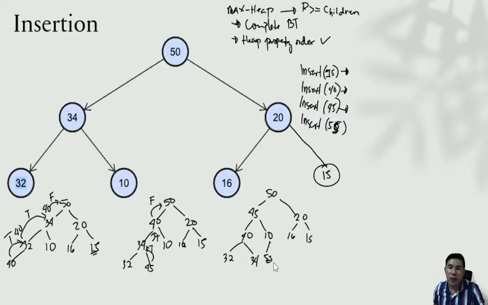What you will do is the percolation process, which is you compare first the child to its parent. So is 55 greater than 10? That's true. So we have here the 55. Is 55 greater than 45? That's actually true.